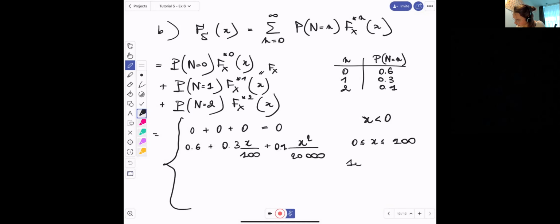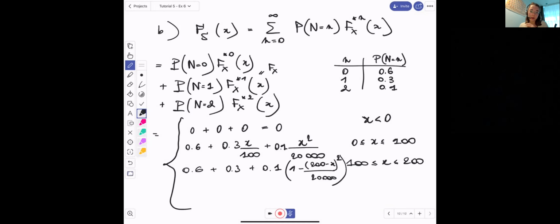For the third case, where x is in between 100 and 200, we have again 0.6 for the first part. Our CDF for x larger than 100 is 1, so we just have 0.3 for the second part. And for the third part, the twofold convolution, we take 0.1 times the expression we found, which was 1 minus (200 minus x) to the power 2 divided by 20,000.